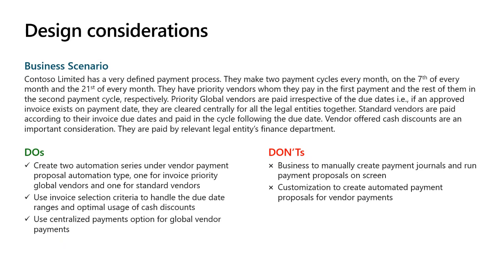And basically have multiple hierarchies for the customer. So different processes, different setups. You would use the invoice selection criteria to handle the due dates and the discounts and the optimal use of cash discounts, and you would use the centralized payment option available for the global vendors, right?